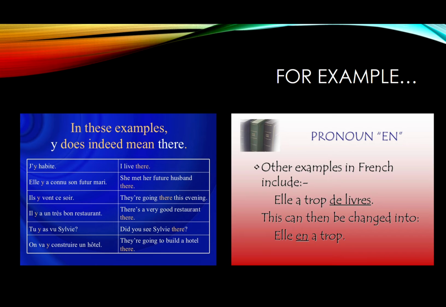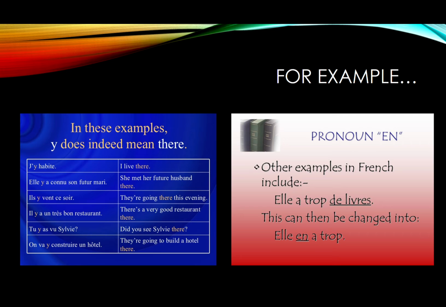An original sentence would be j'habite à la campagne. I live in the country. And instead of saying à la campagne, you can just put j'y habite. And that would apply for all the other y verbs.